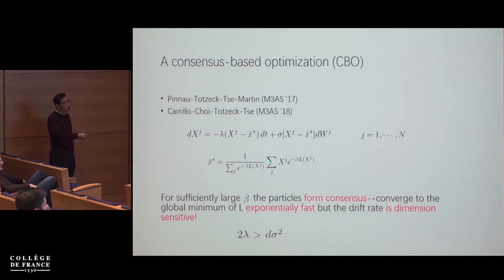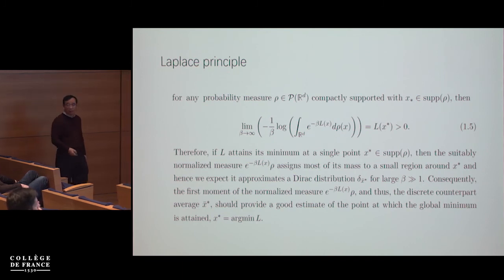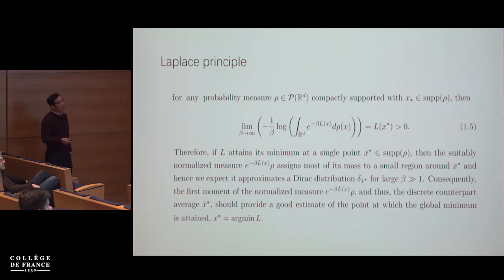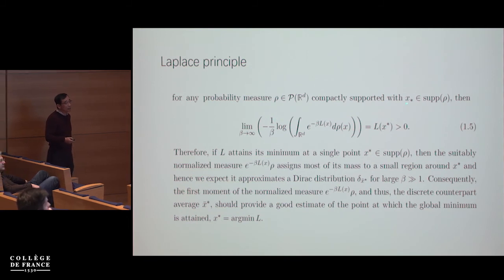And why this kind of average? It has to do with the so-called Laplace principle, which is an important result from large deviation theory. Essentially, the Laplace principle says the following. Suppose x is a random variable and rho is a probability measure, and suppose the support of the probability measure contains x star, which is the global minimum of L. Then take the integral of e to the minus beta L d rho, take the log, and divide by beta.